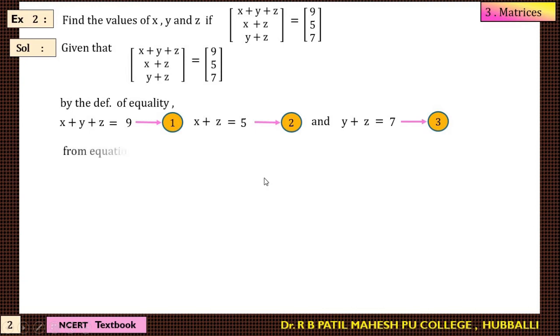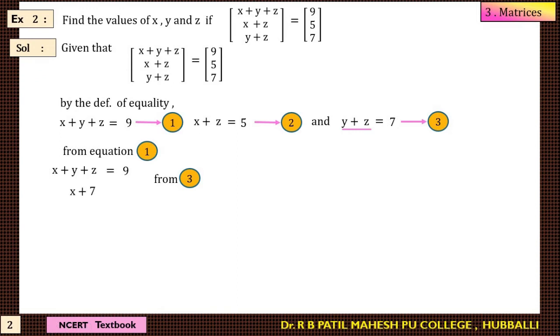Now let me take equation 1. From equation 1 we write x plus y plus z equal to 9. In the third equation you can see that the addition of y plus z is given, it is equal to 7. So you can make use of this in the first equation. Here we have y plus z, so you can replace it using equation 3 because its value is 7.